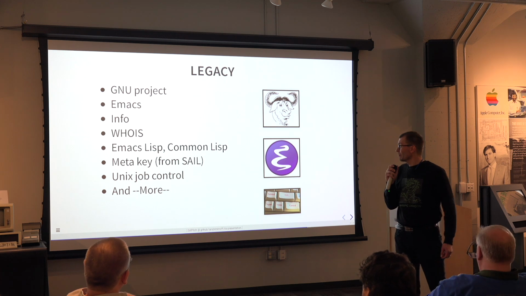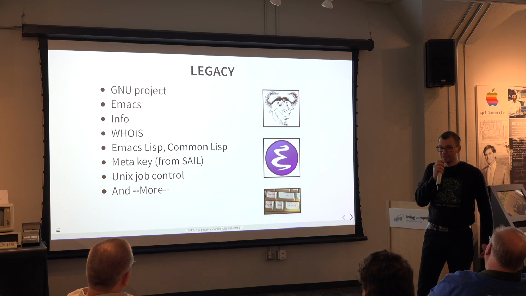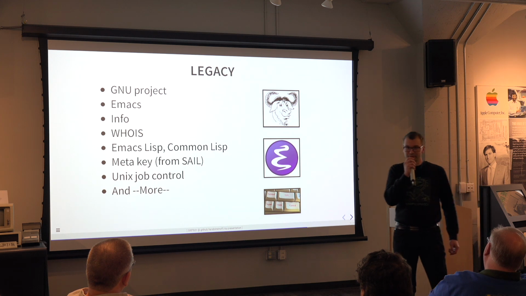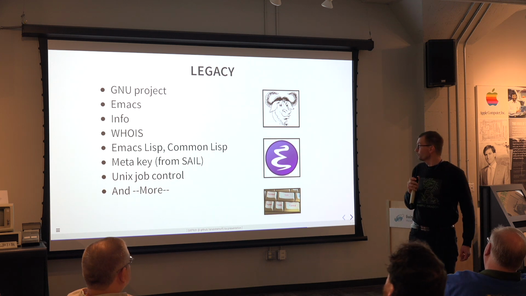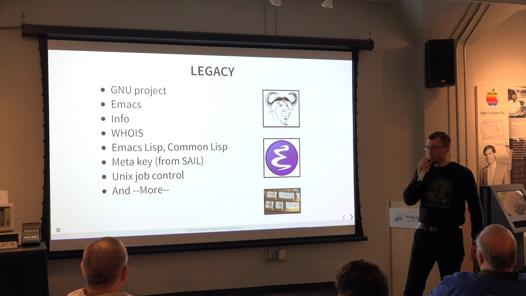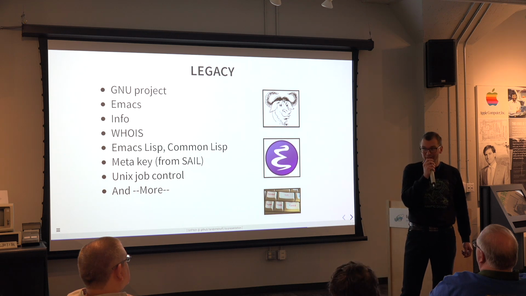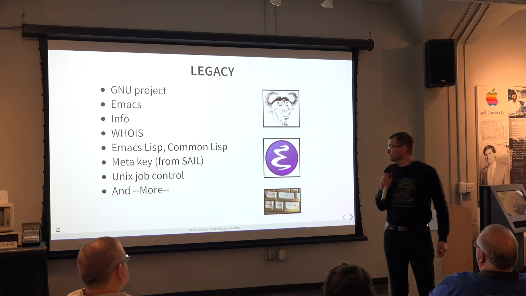The info system in the GNU project is also pretty much a copy straight from ITS. The whois service doesn't come from ITS, but its name probably does, because there was such a command in ITS.